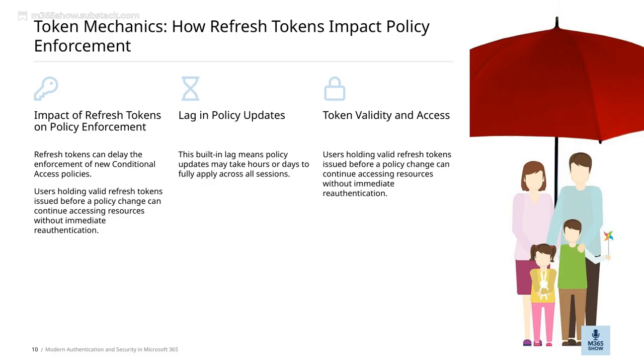This delay is primarily due to refresh tokens allowing users to maintain access even after policies have changed. So, the key takeaway is that refresh tokens can delay the enforcement of new conditional access policies, which is important to keep in mind when managing security and access controls in Microsoft 365.